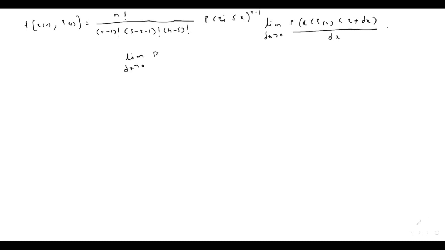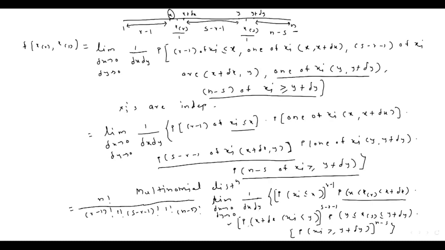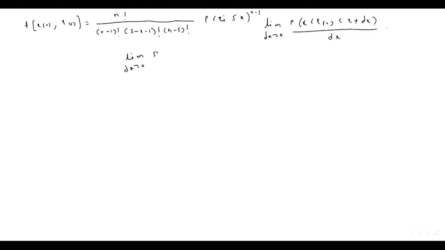If you observe the third value, it contains only delta x, it doesn't contain delta y. So the probability is x of i between x plus delta x and y, and these are s minus r minus 1 values.